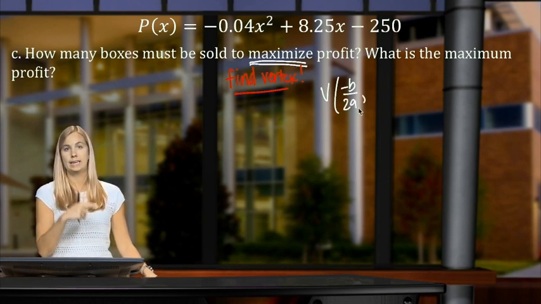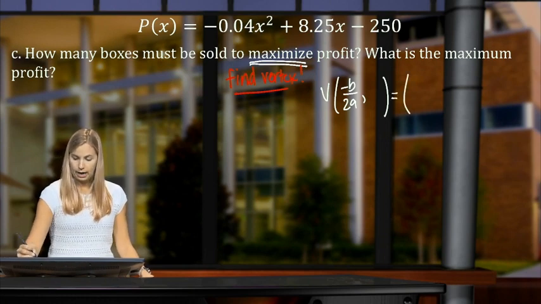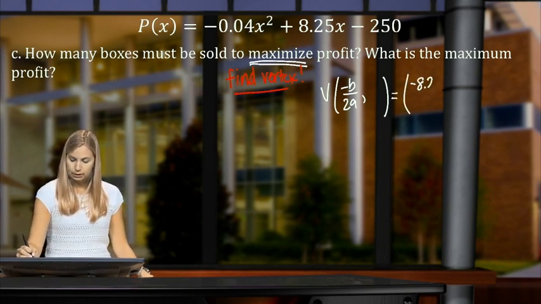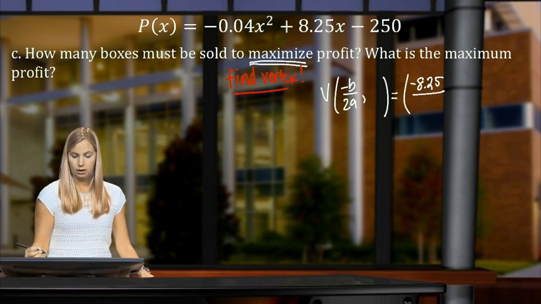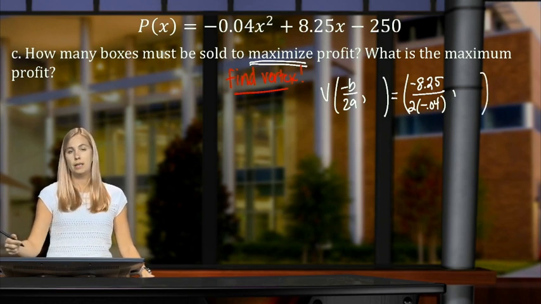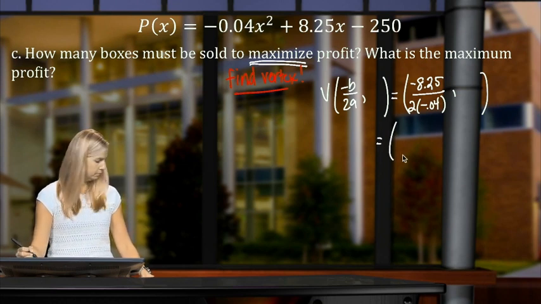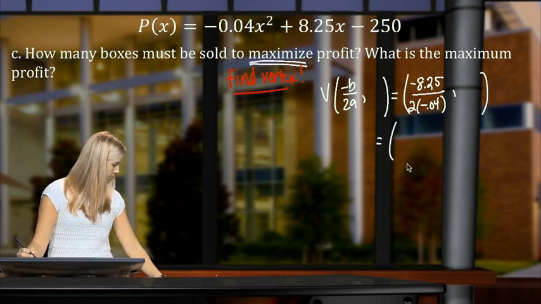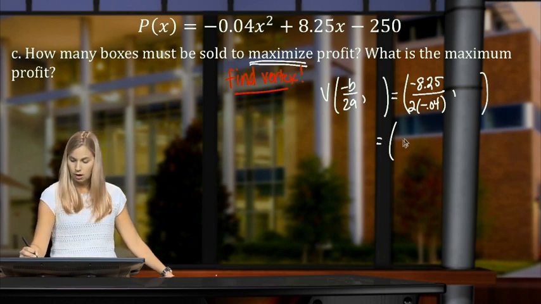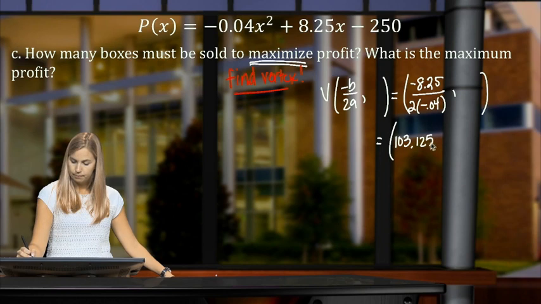Formula for our vertex, negative b over 2a, will find our x value. So negative b is going to be negative 8.25 over 2 times negative 0.04. Go ahead and hit pause. Evaluate this on your calculator. Our x value is 103.125.